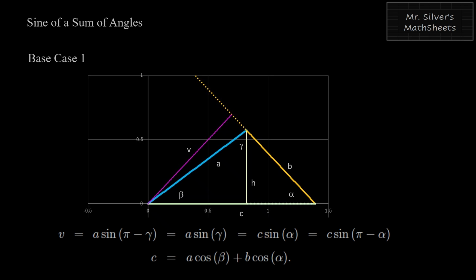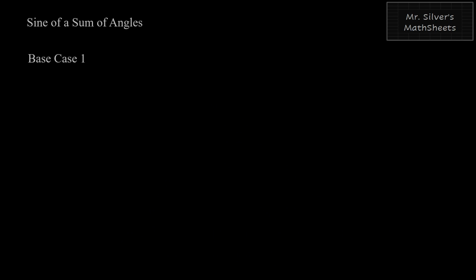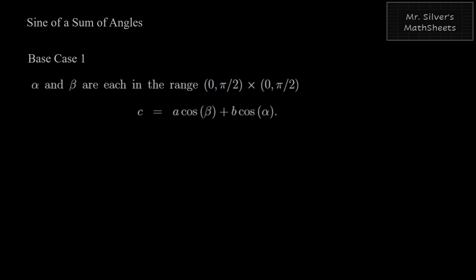So just take a moment to familiarize yourself with the triangle. We'll use this. So C, as we said, has these two pieces that we're adding together. And then we're going to multiply by sine of alpha. That makes the vector v, the purple vector.